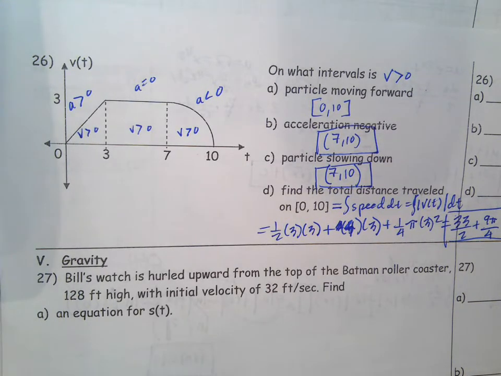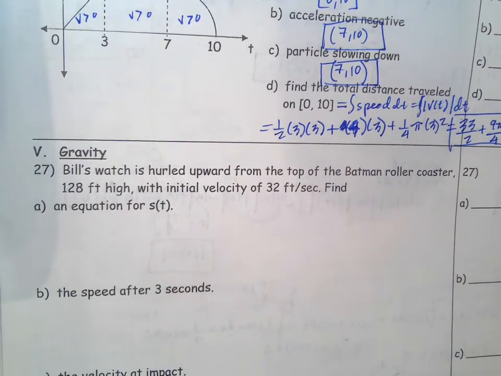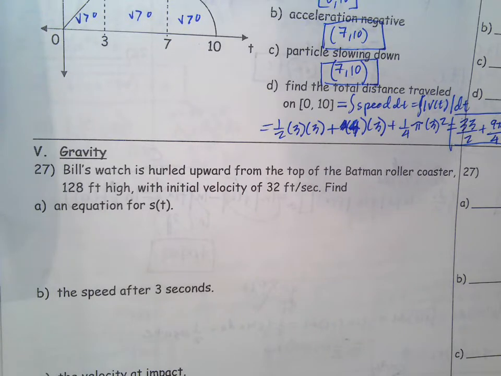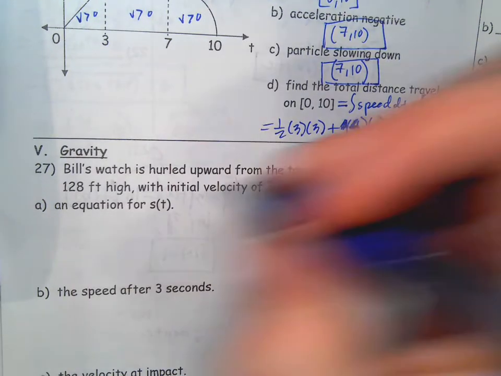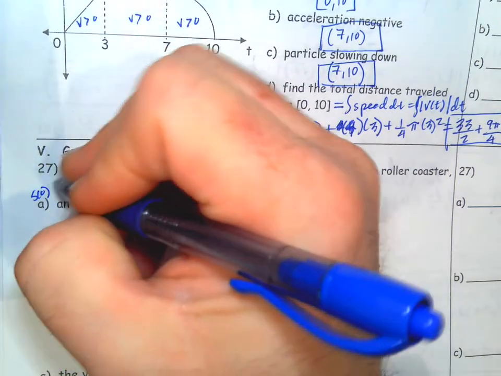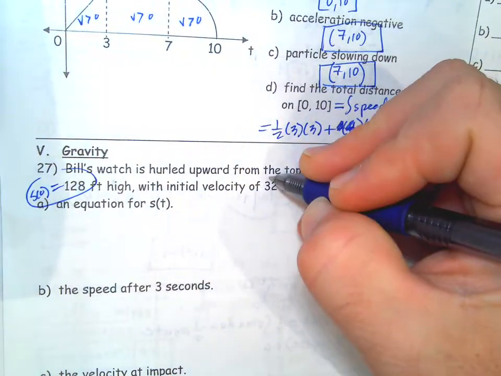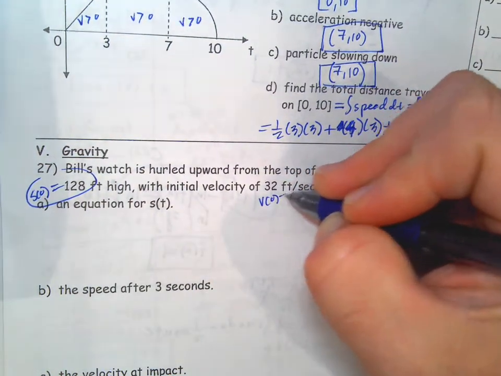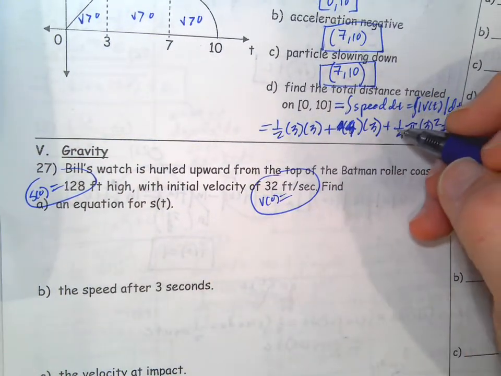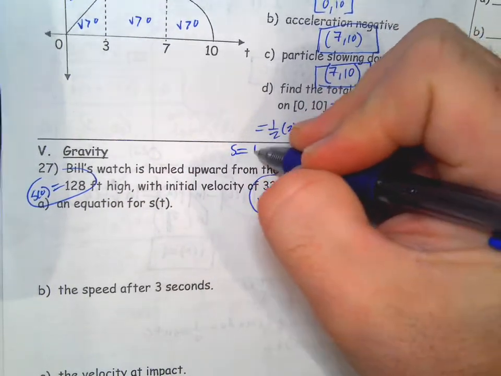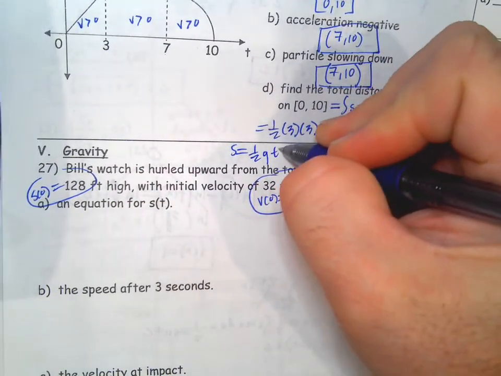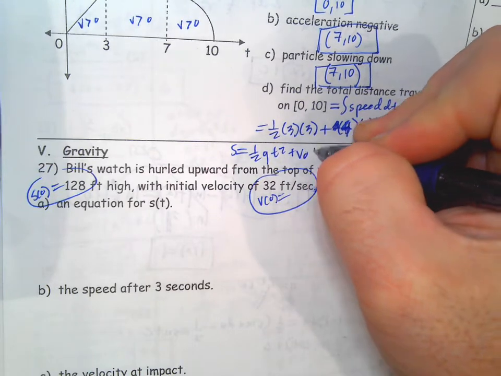Okay. Now, gravity problem. Bill's watch is hurled upward from the top of the Batman roller coaster on 25 with initial velocity. So this is your initial position. This is your initial velocity. This is a gravity problem. So the equation is 1/2 gt squared plus v naught t plus s naught.